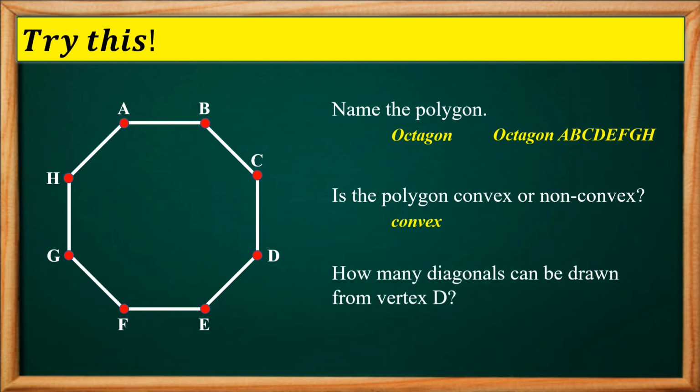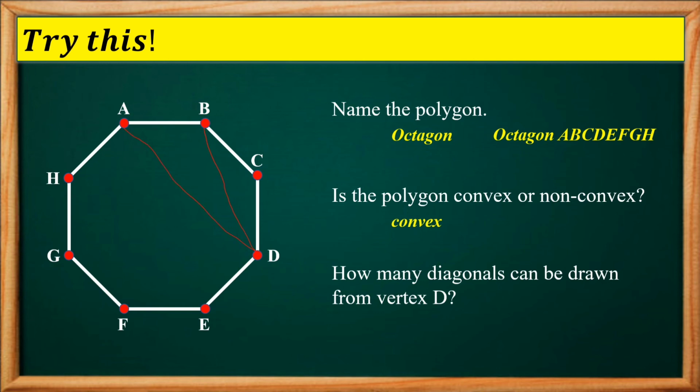Next, how many diagonals can be drawn from vertex D? Okay, let's try. Vertex D. We have here vertex D. C hindi. Pwede doon tayo kay B. Ayan.